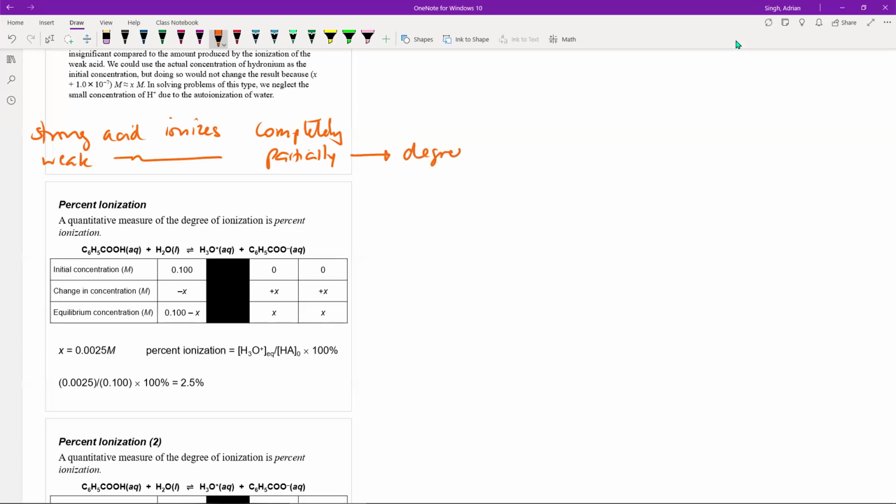Okay, so the degree to which a weak acid ionizes, the way that we put some numbers behind that, is by quantifying it with something known as a percent ionization.